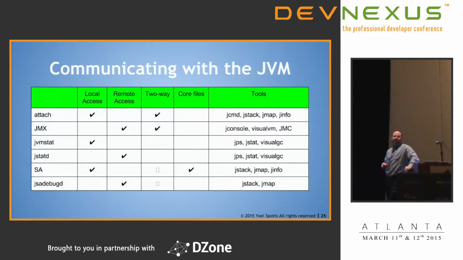Like I mentioned, it kind of forces its way in, and there's not a two-way direct coordination between the two processes. These are just giving an idea of the capabilities and the way in which each of them coordinates with the running JVM. And in the last column, even though we haven't introduced most of them yet, it's more of a reference slide, showing which of the tools utilize which of these entry points.